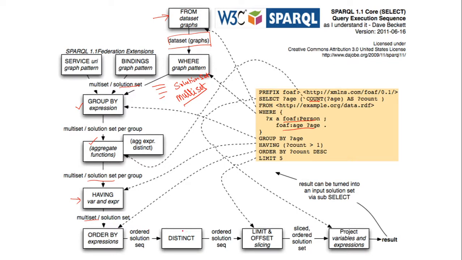After that, you can perform the distinct operation, then the limit operation, and finally, you can project your variables. Projecting means what kind of values you want to get as output. Now you can see that there is a clear workflow. You start with something and end with something, and this workflow should be very precise.